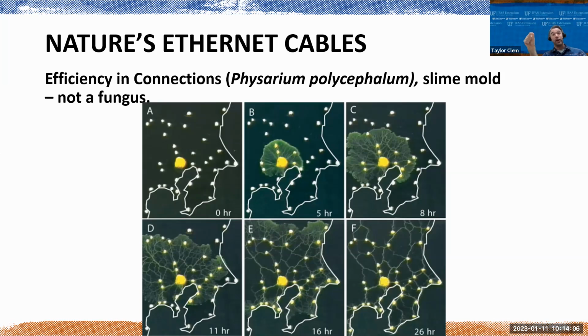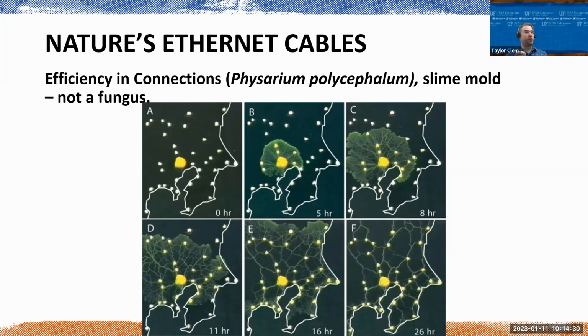Oh, okay. So when we go back and look at these images or that video, there's a reason why it was set up this way. Like why those food dots were in that spot, why that white boundary is there, and why the slime mold was placed in that spot. So one of the most efficient transportation networks in the world is in Japan.